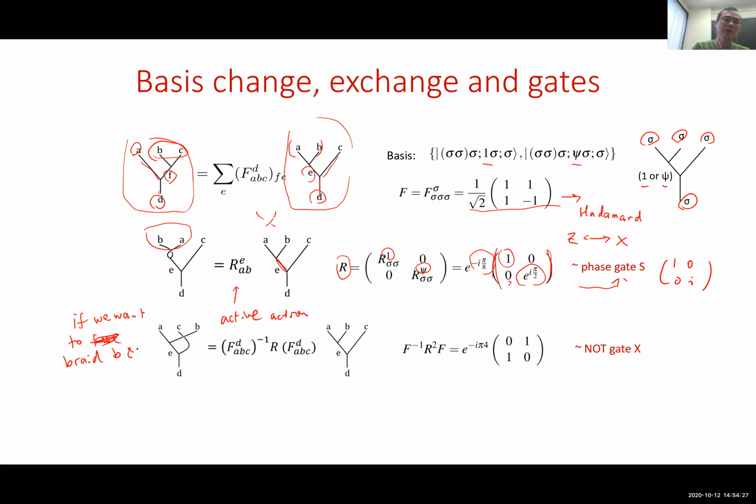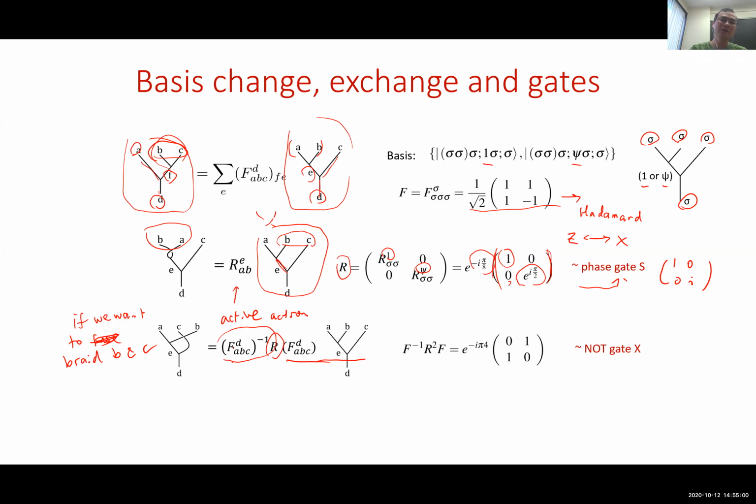if we want to braid B and C, excuse me, we cannot do it directly because in this configuration, B and C have no direct fusion. So what you need to do is you do the basis transformation to take them into the same psi, B and C, and then you do the braiding, that's just a phase, and then you bring this basis back.